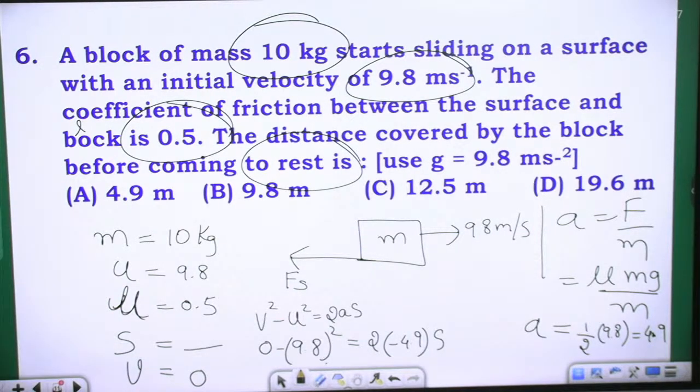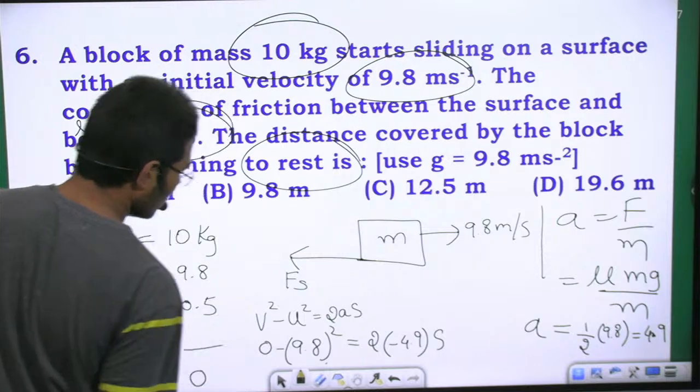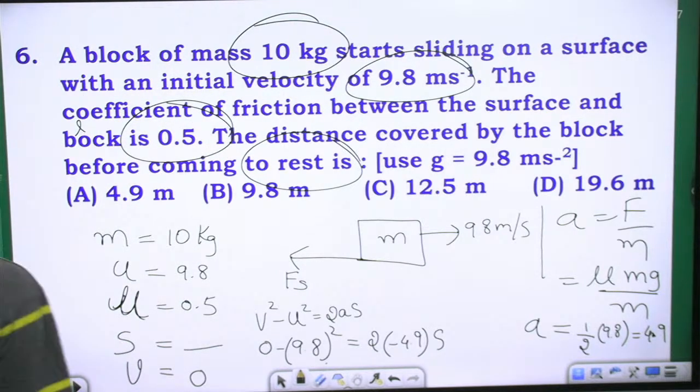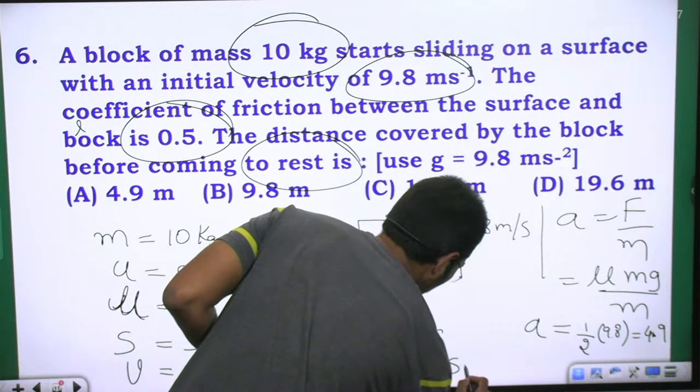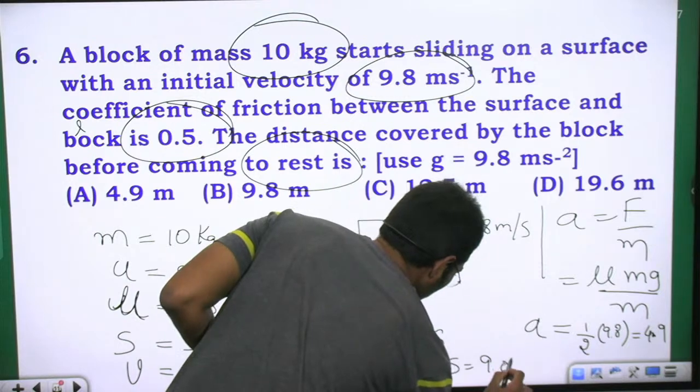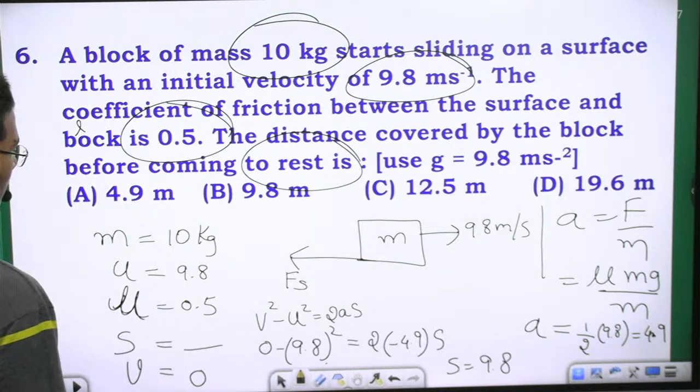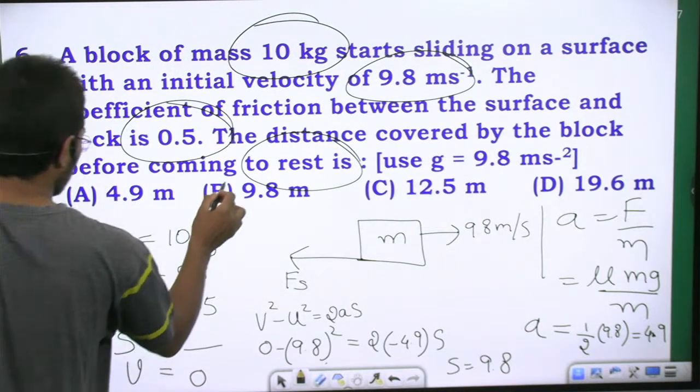So 9.8 whole square, equals 2 times minus 4.9 times s. So we get s as 9.8, so the answer is option B.